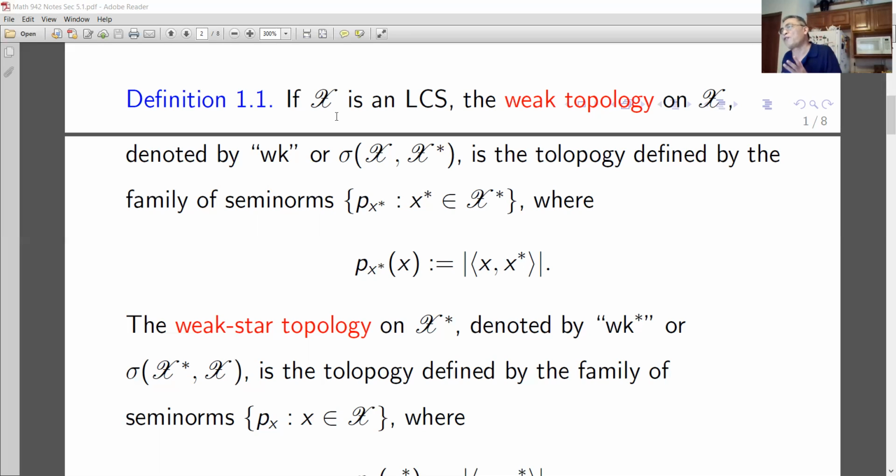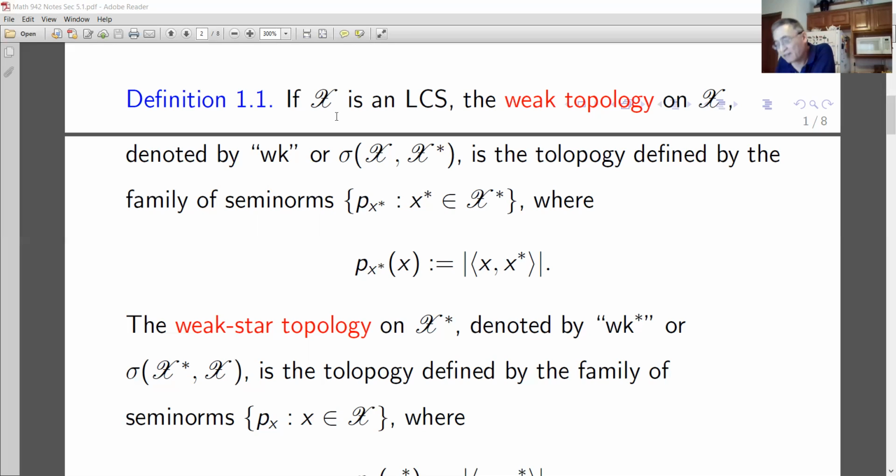Let me say the following. If X is finite dimensional, then the weak topology on X is the same as the original topology on X, and it is the same as the Euclidean topology.